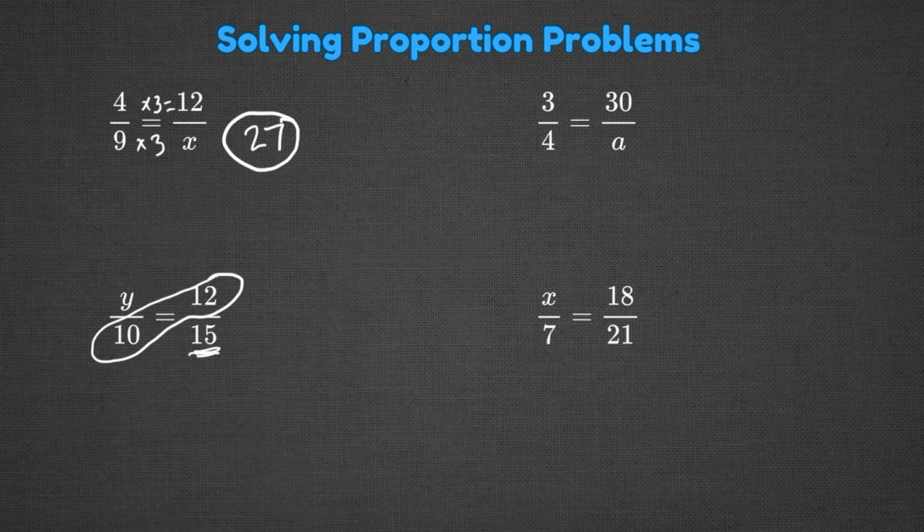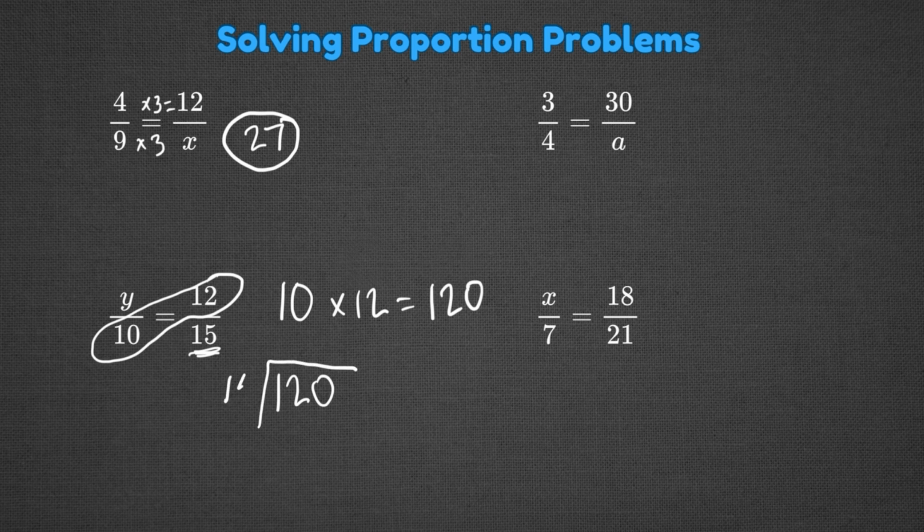It feels a little bit like a magic trick, but essentially what it's saying is 10 times 12 is equal to this unknown number y times 15. So I'm going to do 10 times 12, which gets me 120. And then I'm going to divide 120 by the number 15.